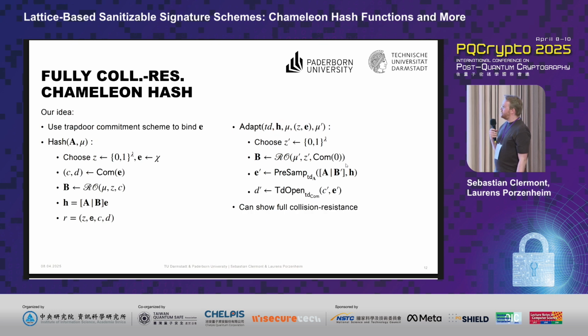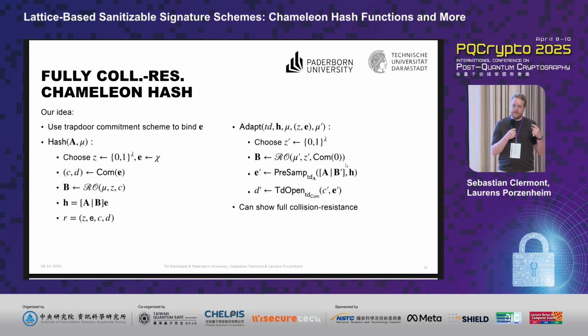So what we did to construct a now fully collision-resistant Chameleon hash is to use a trapdoor commitment scheme to bind this E to make it not so free. So instead of choosing the E after the B, we choose it beforehand, and then commit to it, and then put the commitment into the random oracle to also make the B dependent on the committed value.